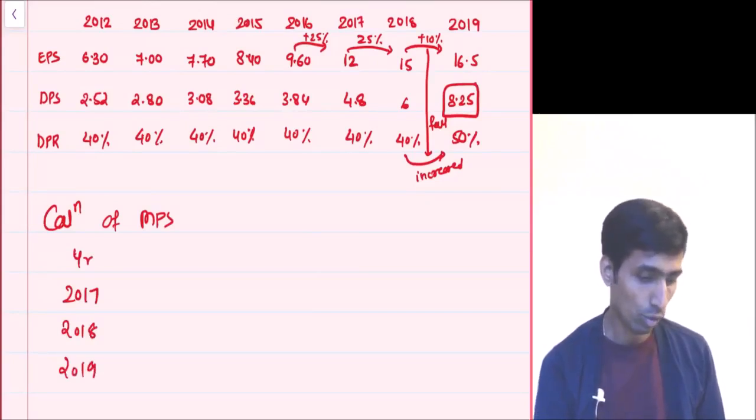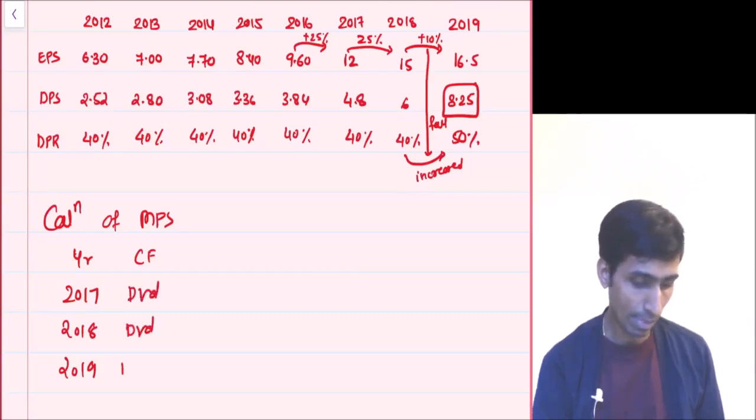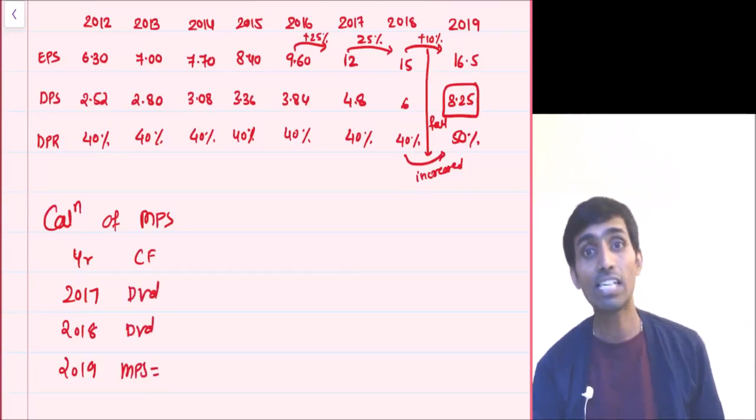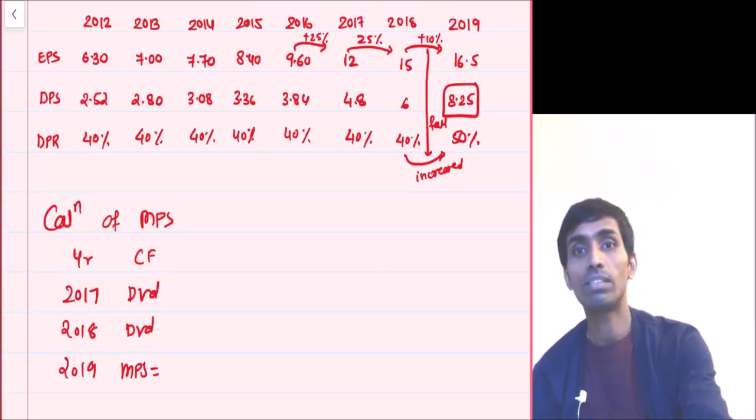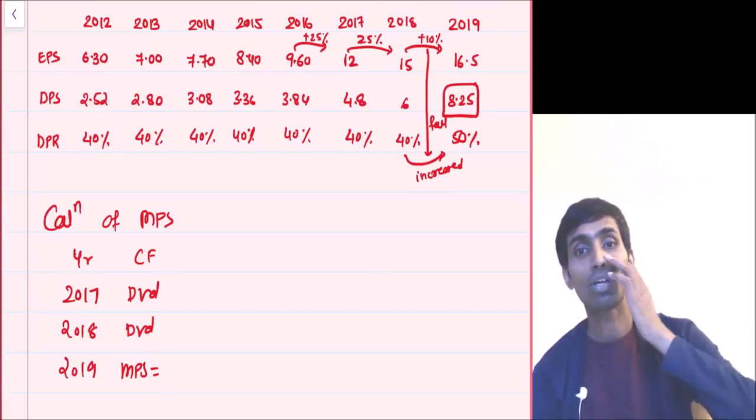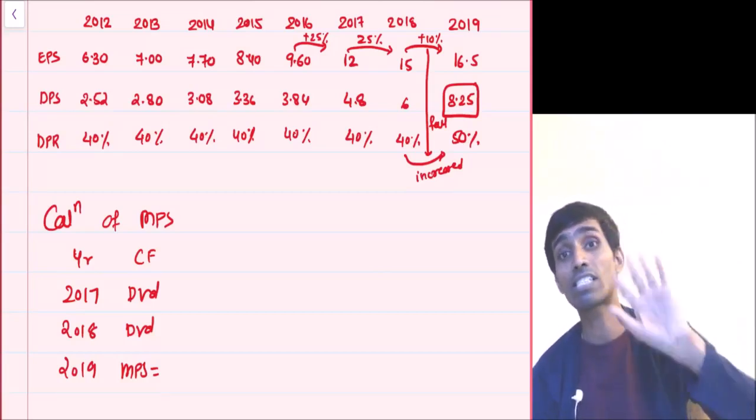Cash flow, this is dividend, here also this is dividend, and this is market price. Check in the question what is given: they have given that it will constantly grow by 10%.